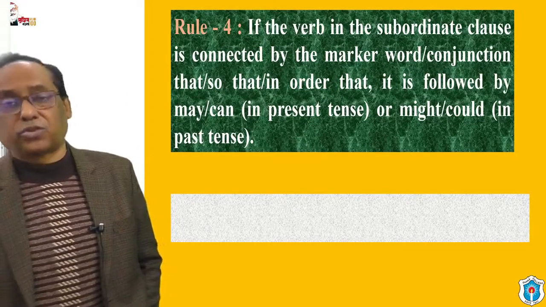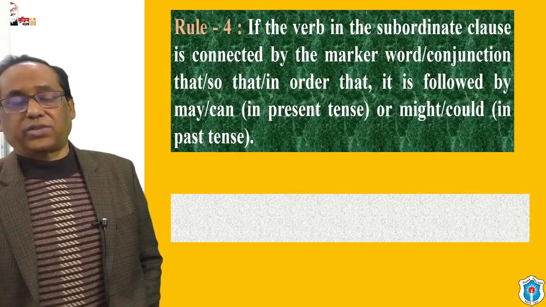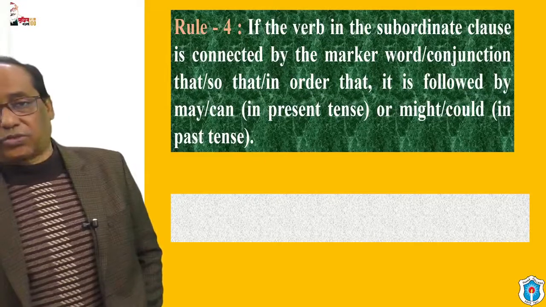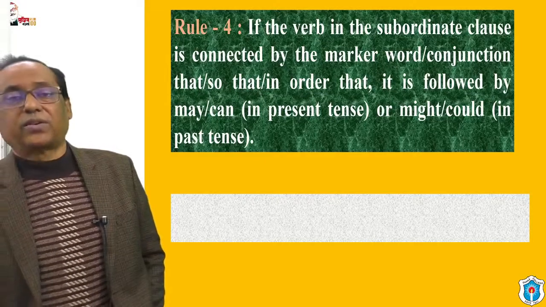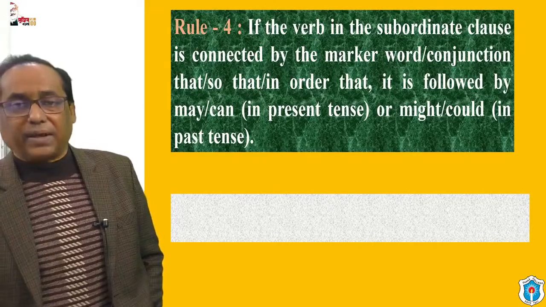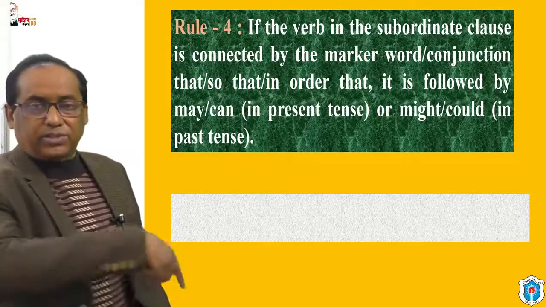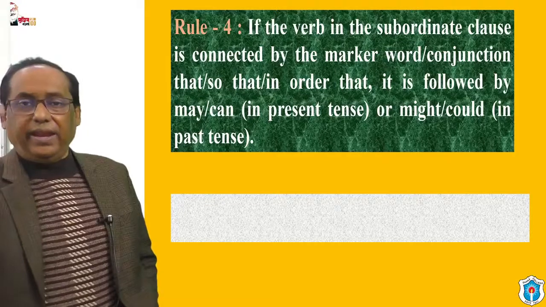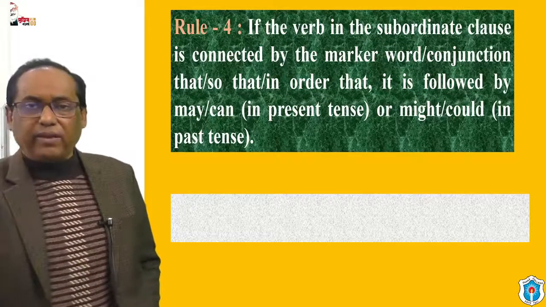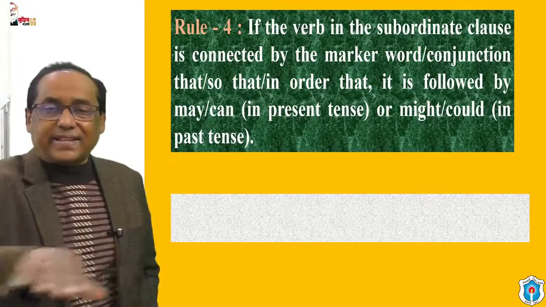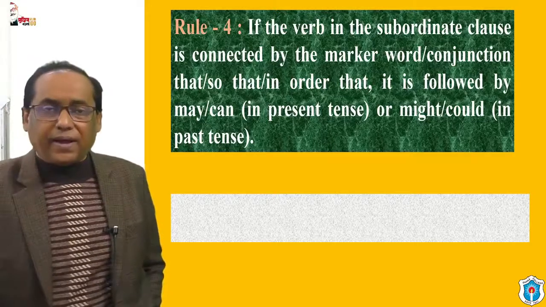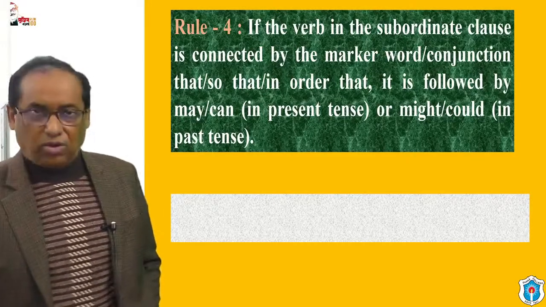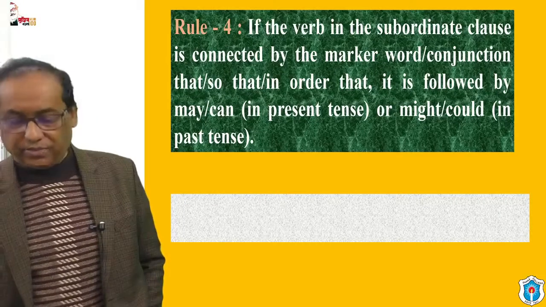Purpose মানে কি? উদ্দেশ্য। যে কনজাংশনগুলো ব্যবহৃত হয় সাবঅর্ডিনেট ক্লজের আগে উদ্দেশ্য প্রকাশ করতে, সেগুলোকে বলে কনজাংশন অফ পারপাসেস। সেগুলো কি কি আমি বলেছি? দ্যাট, সো দ্যাট, ইন অর্ডার দ্যাট। ফ্রিকুয়েন্টলি দিজ কনজাংশনস অফ পারপাসেস আর ইউজড ইন সাবঅর্ডিনেট ক্লজ, রাইট?